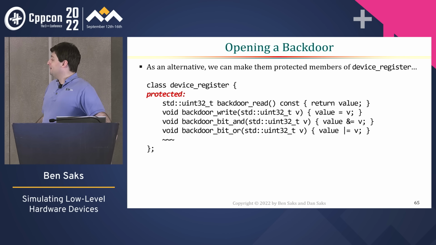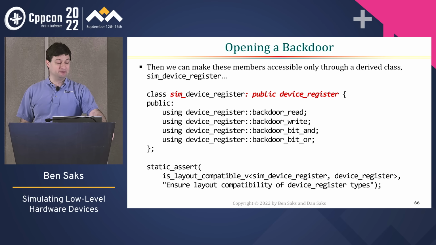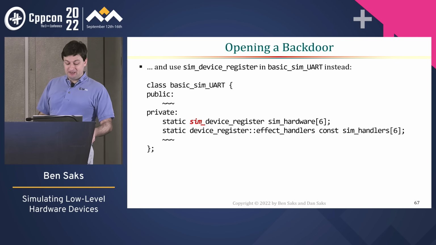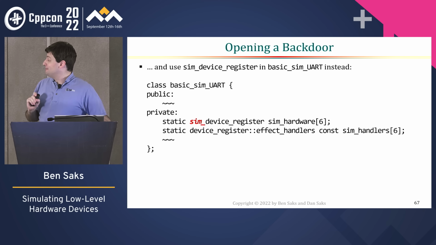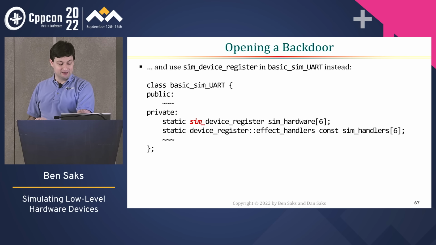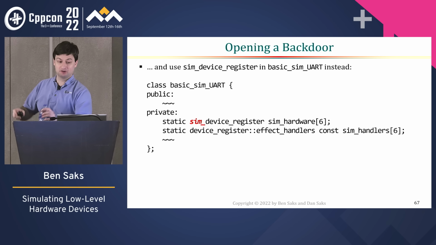And notice I have a static assert down there at the bottom to make sure that these two types really are layout compatible, so they'll be the same size here, which means that in my basic sim UART type, I can go ahead and change that array, the sim hardware array, into being an array of these sim device registers that have this backdoor available.